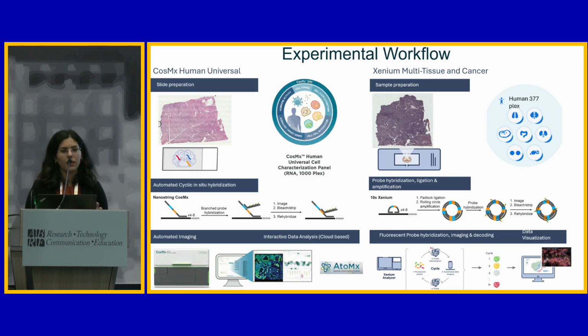So both of them do the analysis for you, which is nice, but our experience with getting the raw data for the Xenium was easier than the Cosmics, because for the Cosmics, you have to get it to your AWS storage and then bring it down. And it was really slow. The process was slow for the transfer, but I know that they are improving on that.